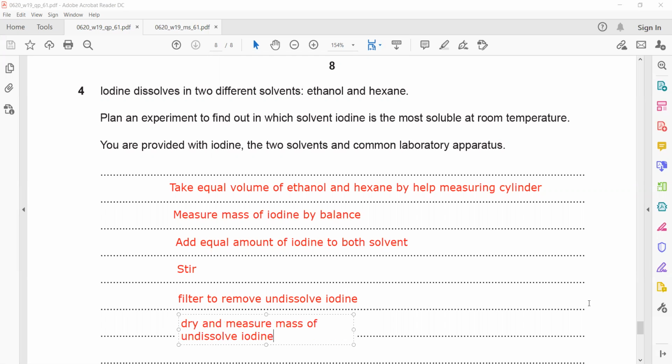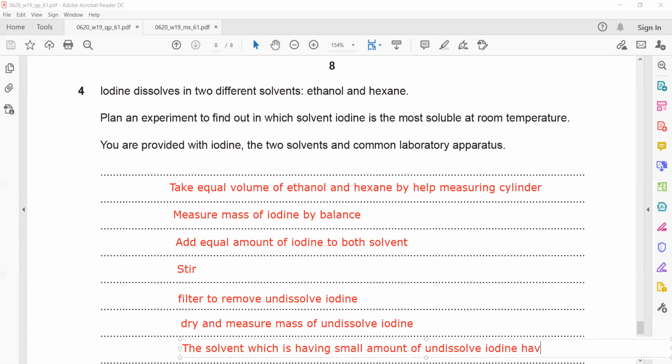Then how can we know which one has a higher solubility or can dissolve a greater amount? The solvent which is having a small amount of iodine undissolved has greater solubility.